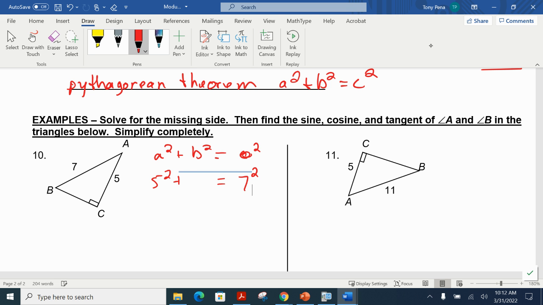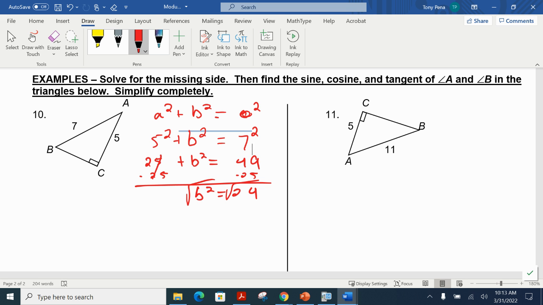It doesn't necessarily matter over here, but the hypotenuse must be c. Clean that up. So we get 25 plus b squared equals 49. Subtract your 25 over. b squared is then going to be 24.